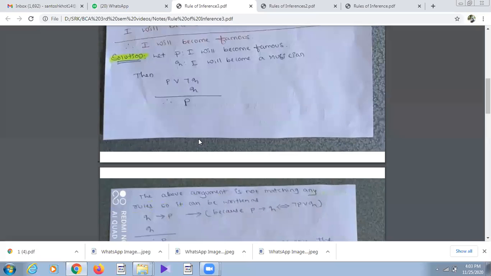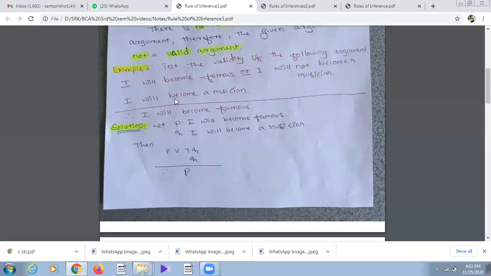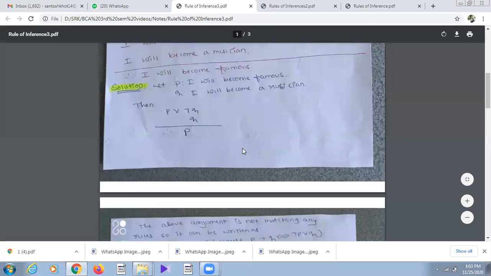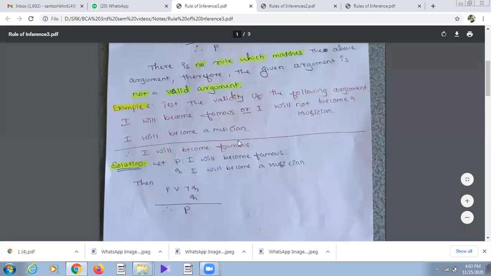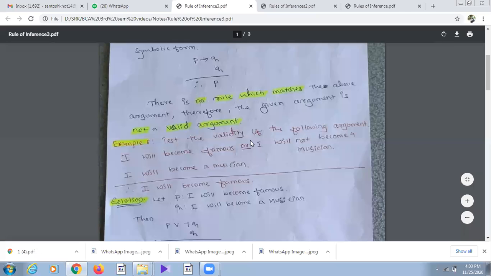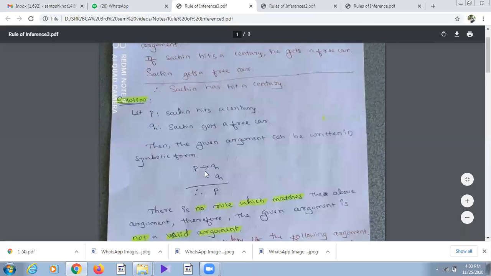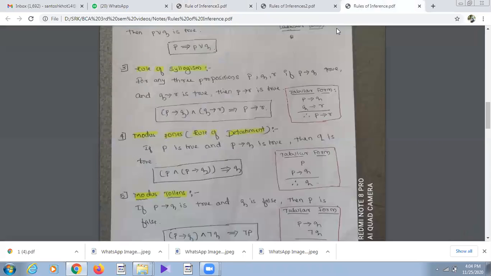Any doubt? No, sir. Maybe in your mind there is some question, like, why sir, here we did not apply laws of logic rules, and we directly said it is an invalid argument. If you apply any laws of logic rules to this particular tabular form, it again does not match any of the 7 rules of inference.